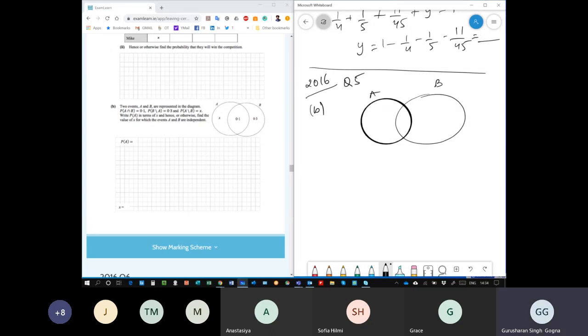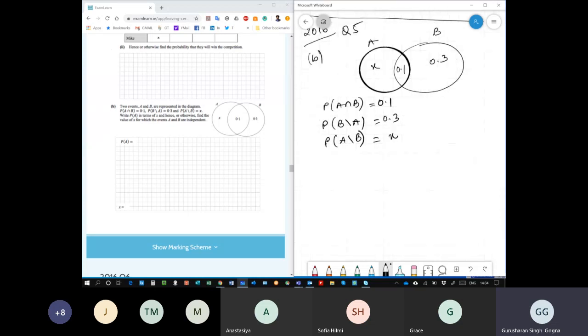This is A, this is B, this is X, this is 0.1, and this is 0.3. In terms of writing it, they give you probability of A intersection B 0.1. They give you probability of B slash A, so it's not a conditional probability, 0.3. Probability of A slash B, or A minus B, which is X.